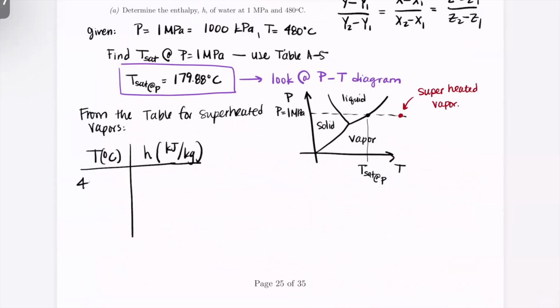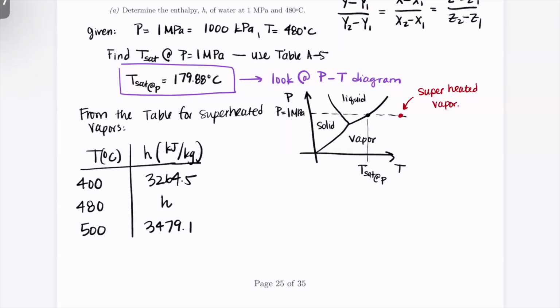We have 400 in the table, as well as 3,264.5. And then we have 500, which is 3,479.1. And we want to find the value at 480. So I'm just going to call this H.